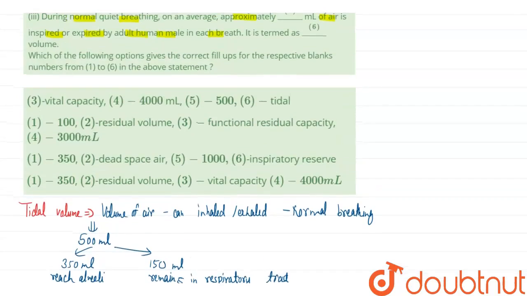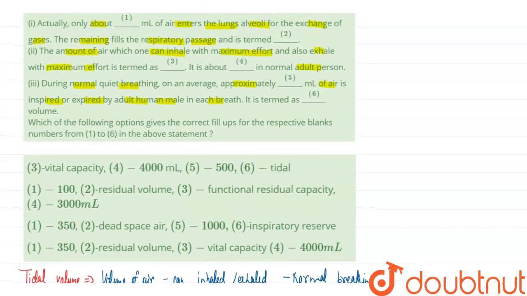If we are talking about our first statement, only about dash ml of air enters the lung alveoli, the first blank will be 350 ml, for the exchange of the gases. The remaining fills the respiratory passage and it is termed as dead space air.